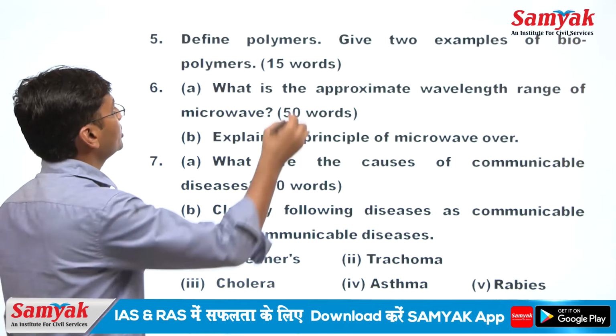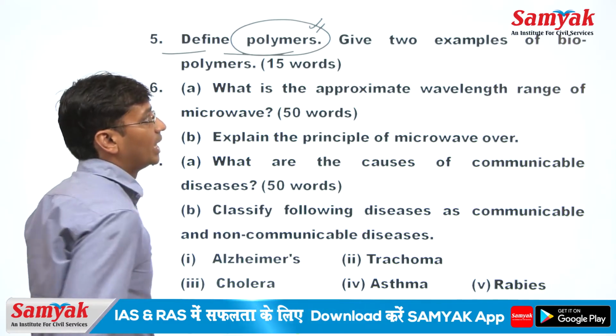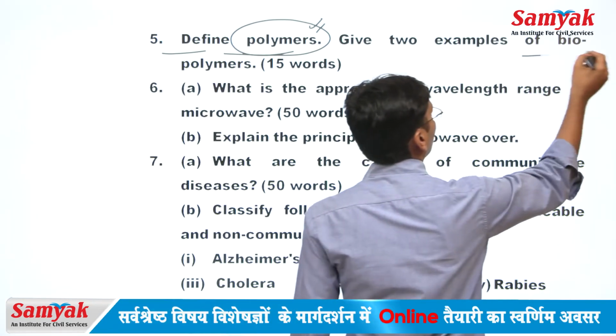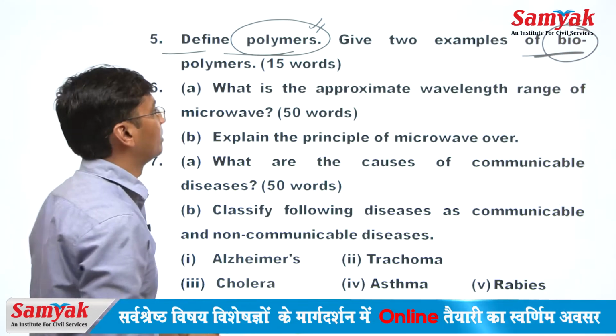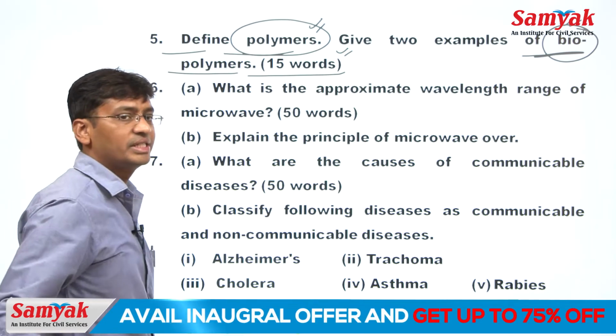Next is, define polymers. Directly from the syllabus, here you have to define what polymers are, and they are asking you to give 2 examples of biopolymers, that is, you have to give only the examples of biopolymers, and this question also has to be answered in 15 words.